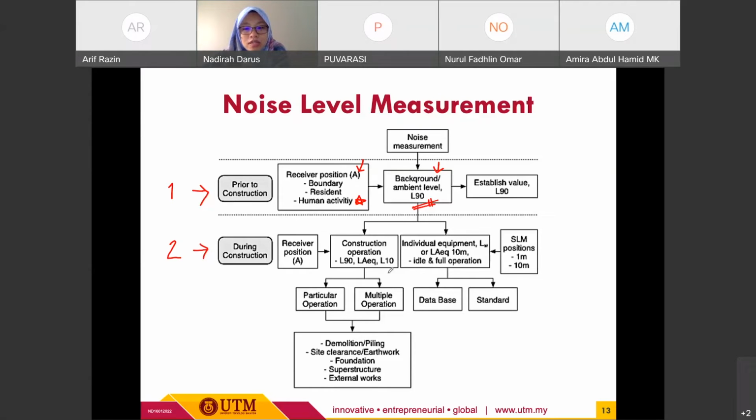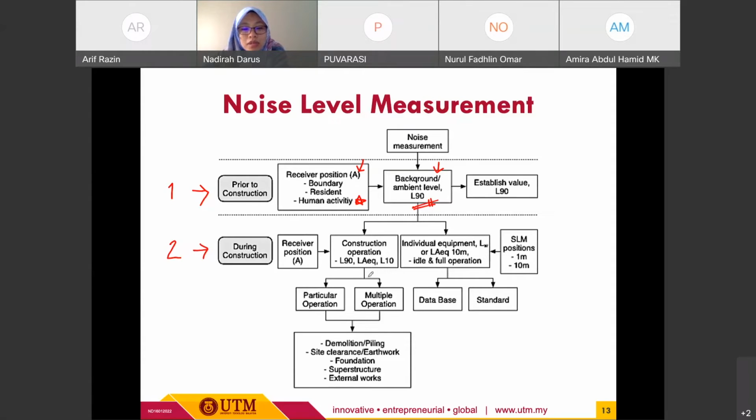I will show that later. During construction, we can measure construction operation and individual equipment. Here, 1 meter and 10 meter can both be applied, while receiver position varies depending on the nearby location.